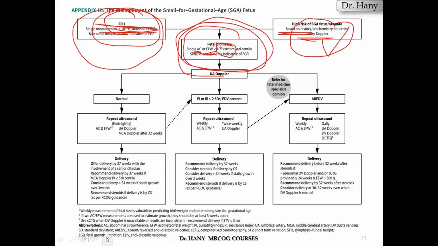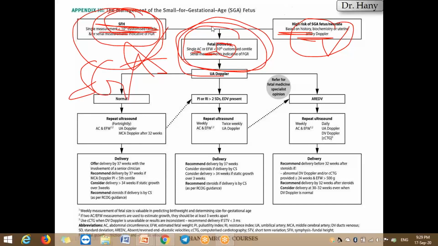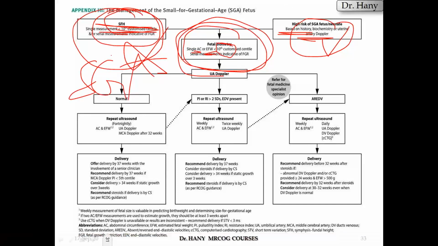If you did this and the baby is more than the 10th centile, it is not small for gestational age. And this is an exam trick. So the woman has a history, even with small symphysis fundal height, and you did the abdominal circumference and the estimated fetal body weight, and it is more than the 10th centile.